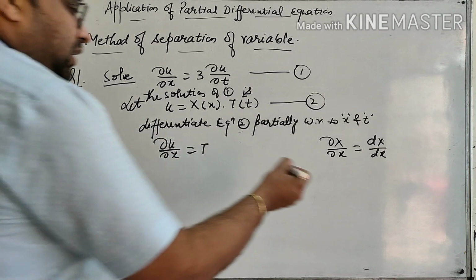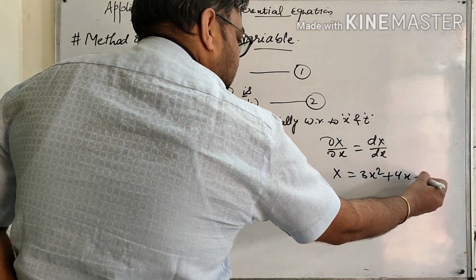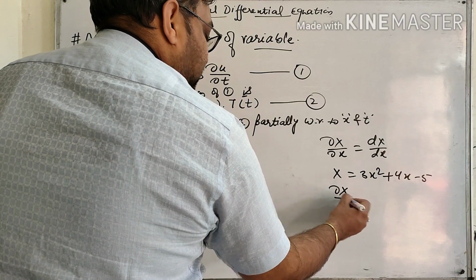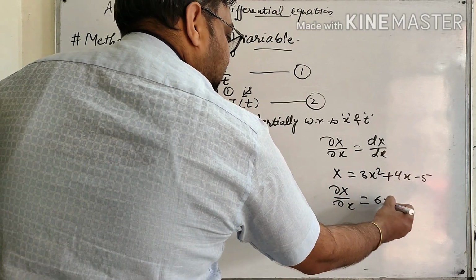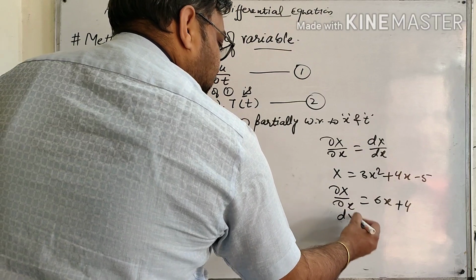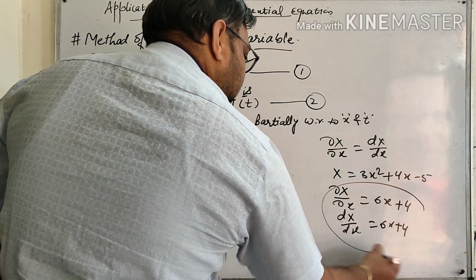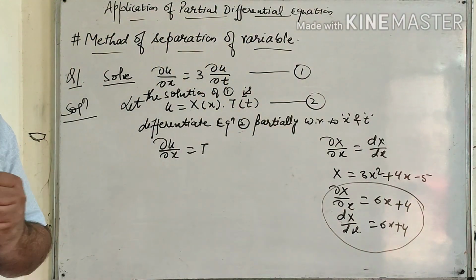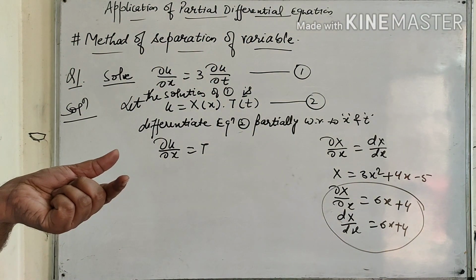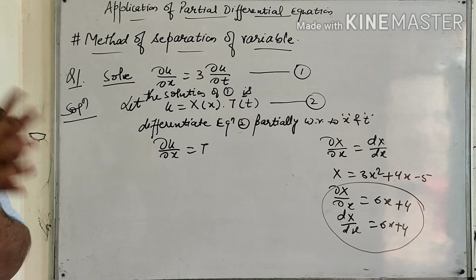For example, if capital X equals 3x squared plus 4x minus 5, then the partial derivative of this function is 6x plus 4, and the ordinary derivative is also 6x plus 4. So when a function is of one variable, whether we differentiate it partially or normally, it does not affect the value.